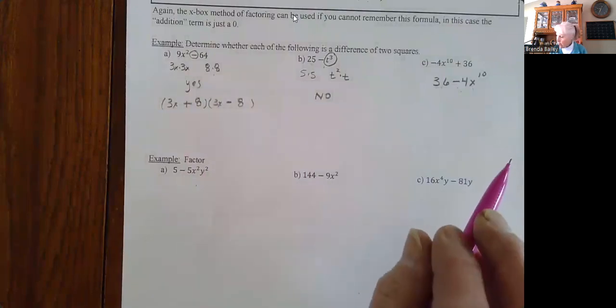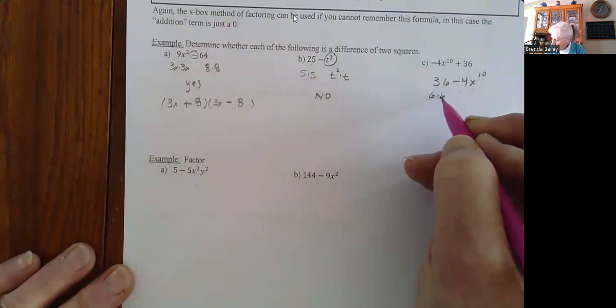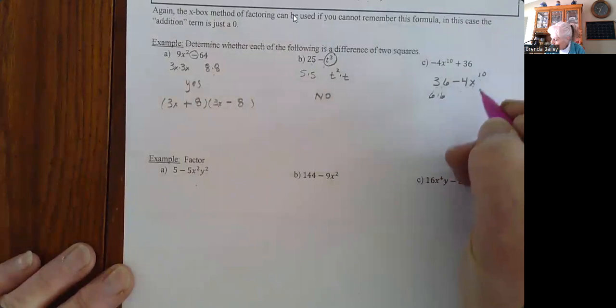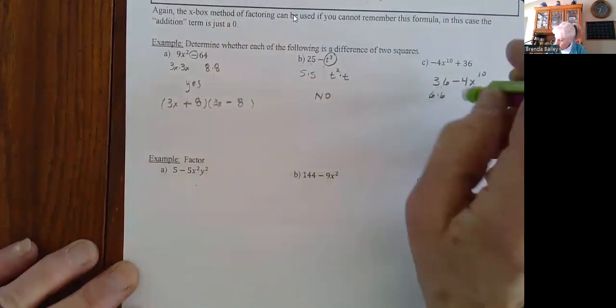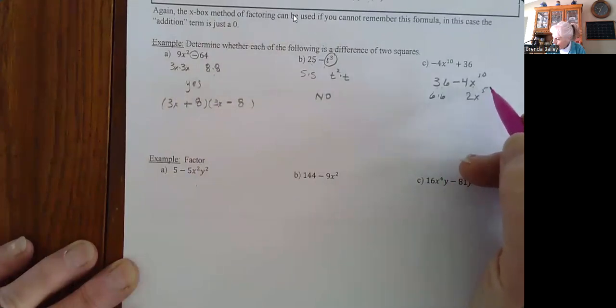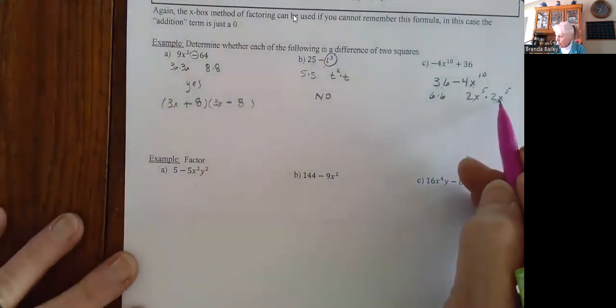Bummer. Now, what gives you 36? 6 times 6. What gives you 4x to the 10th? Excuse me, not a 4, a 2. X to the 5th times 2x to the 5th. Again, when you're multiplying, you add exponents.